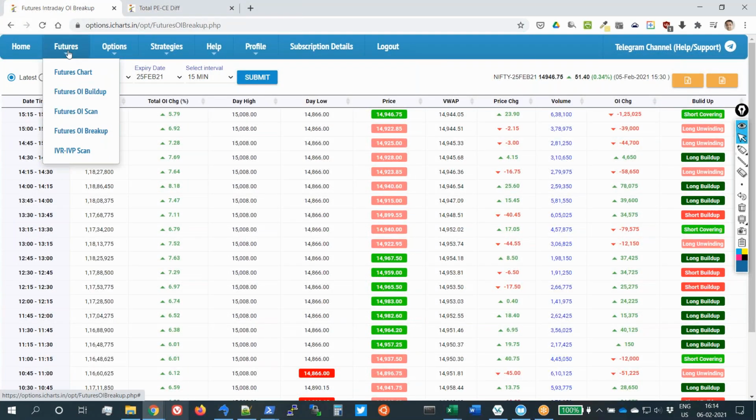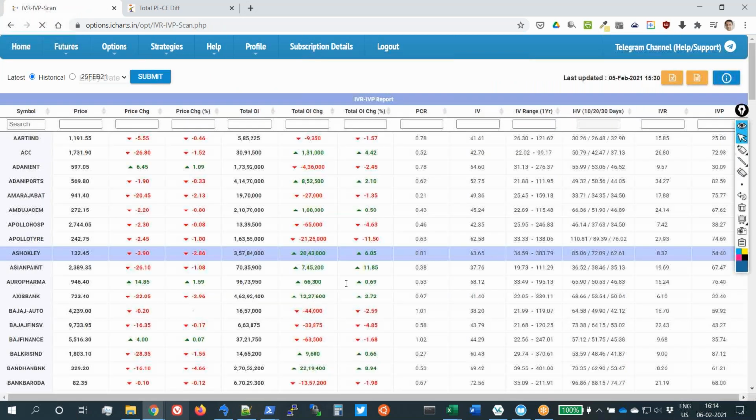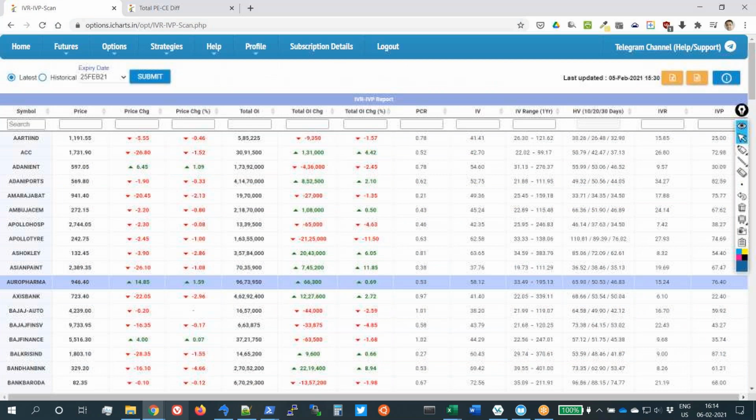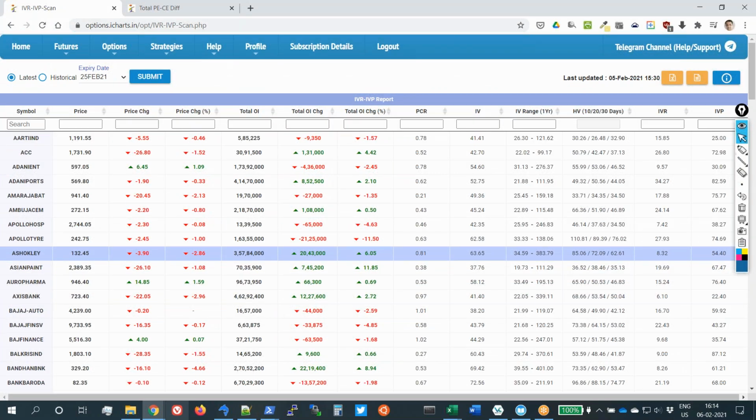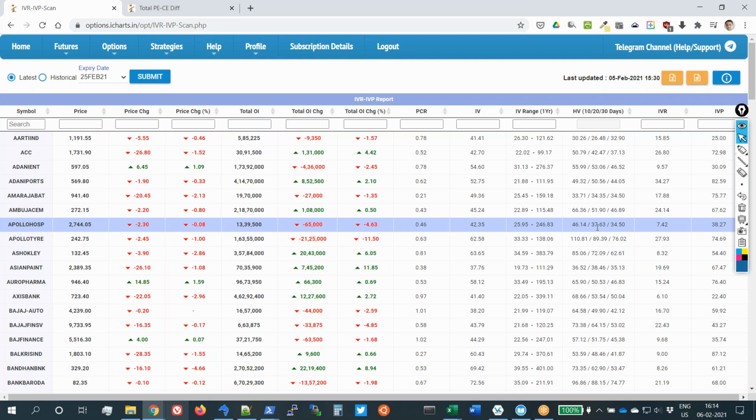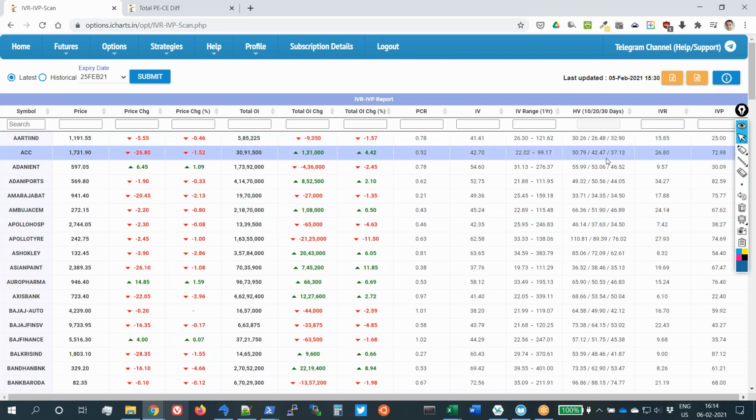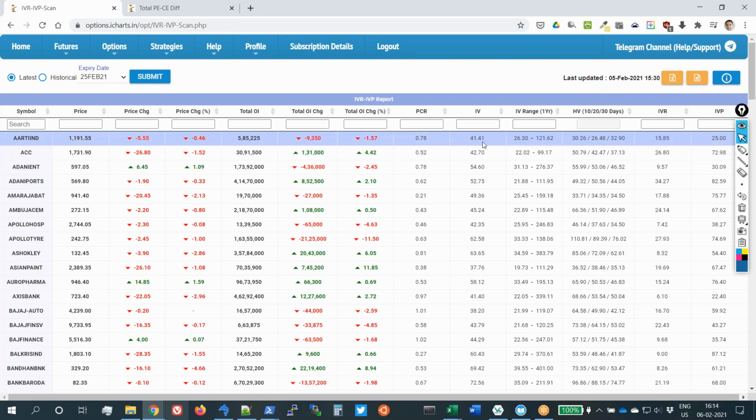This was about this. Let me quickly, briefly go through the IVR IVP scan. This is mostly for positioning of trades, especially positional trades. Usually it is suggested that you look at where IV is in relation to historical volatility.